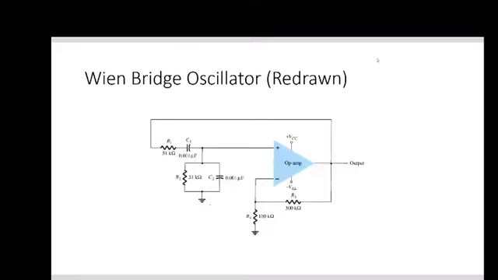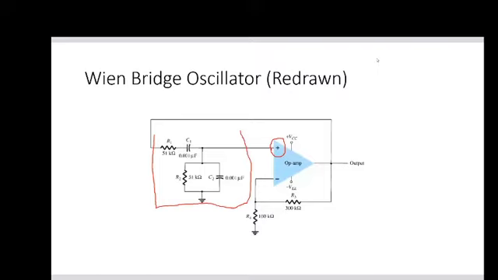If I redraw, you can see the input is given to the positive terminal, the non-inverting terminal of your op-amp. So if your input has a phase shift of 0 degrees, then your output will also have a phase shift of 0 degrees, because no phase shift has been introduced there. So we have to make sure that this Wien bridge feedback network does not introduce any phase shift to your signal.